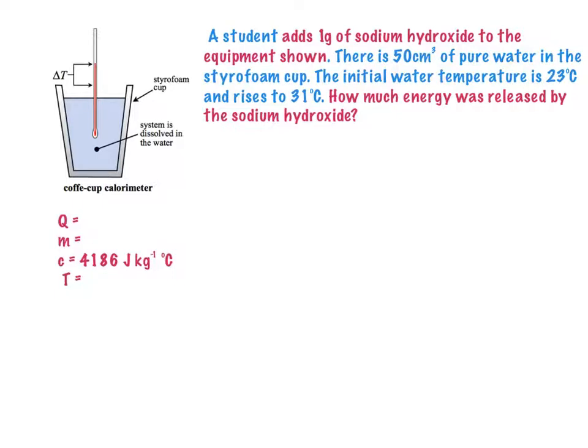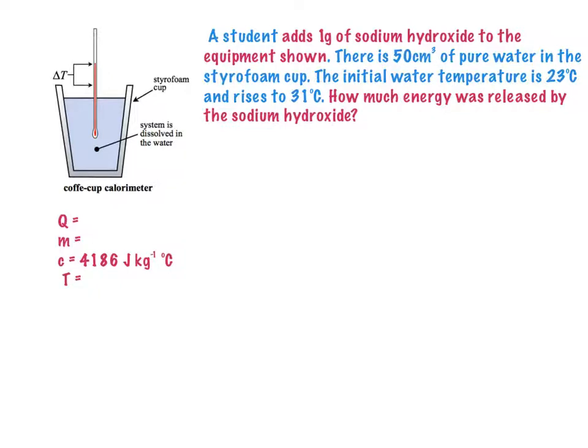We've got a situation that occurs in labs quite often where a student adds a chemical to a fixed volume of water and we see what goes on. Now, we use a styrofoam cup to try to limit the amount of heat that is lost to the air outside. Styrofoam is a reasonably good insulator of heat, so that's good.